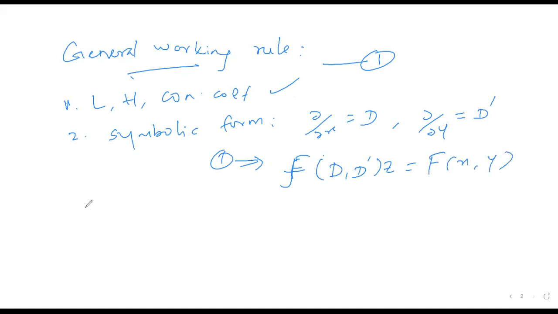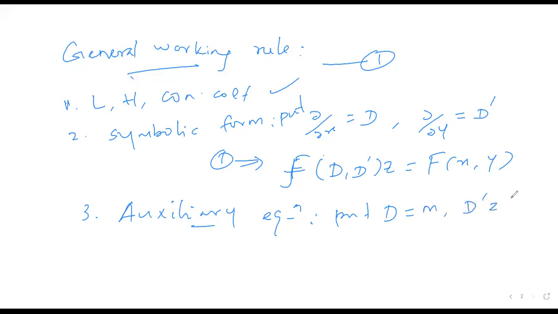And then third, you have to make the auxiliary equation. What is the auxiliary equation? Put D equal to m as well as D dash equal to 1 to make it simpler. I also explained what happens if a0 is equal to 0, but I'm not going to use it here.